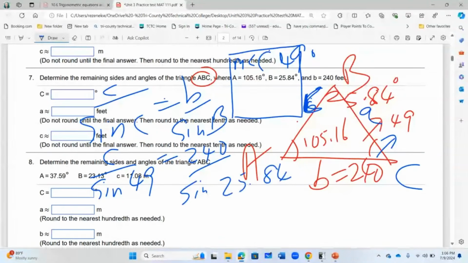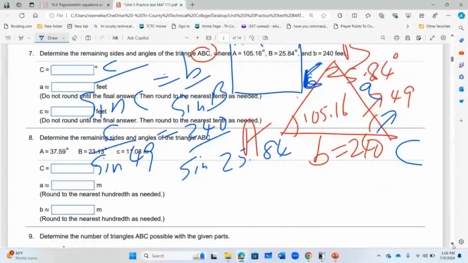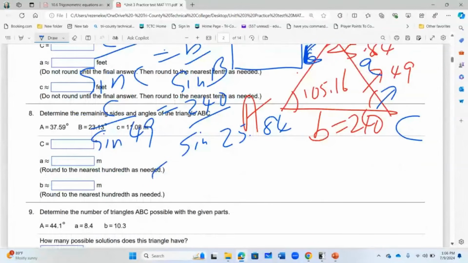Then I will find the measure of side C, which is 240 multiply sine 49 degrees divided by sine 25.84.